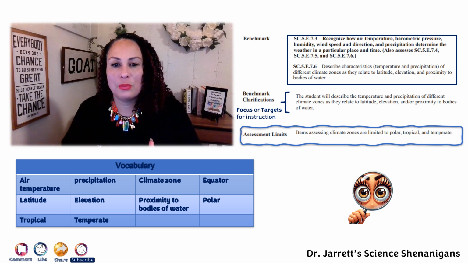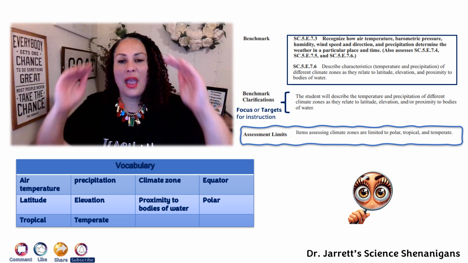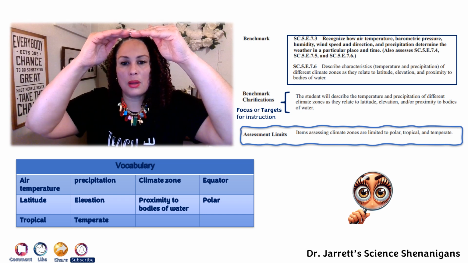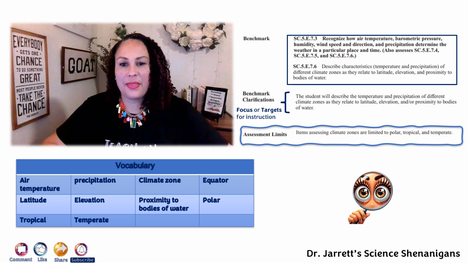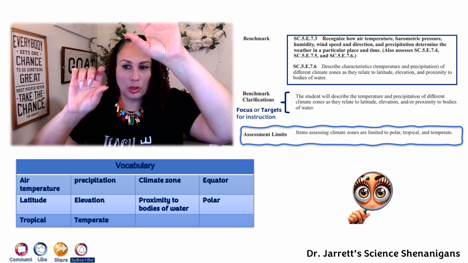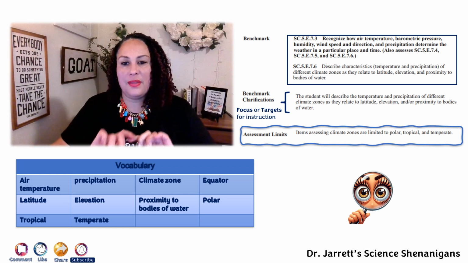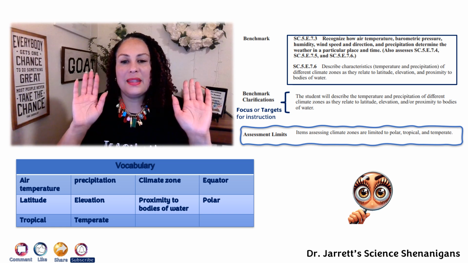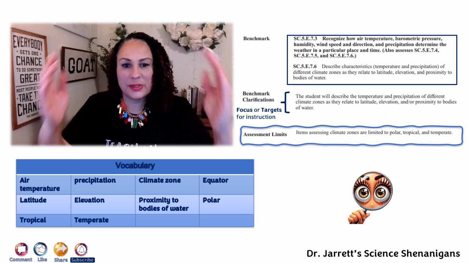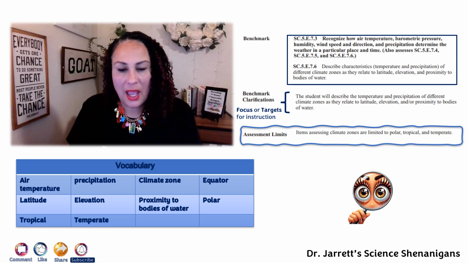Then I have them write polar at the top of the map and then at the bottom of the map. And then in between tropical and polar, I put temperate and then they put temperate. And that is how I usually do a quick draw with the students, and that helps them for a visual.